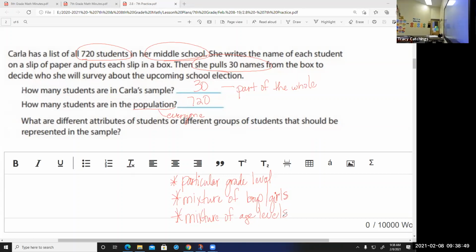All right, so we can sort by grade levels. You said we can have a mixture of boys and girls in the sample. We should have different age groups in the sample. Should there be any other attributes in the sample? Or you think that just about covers it?